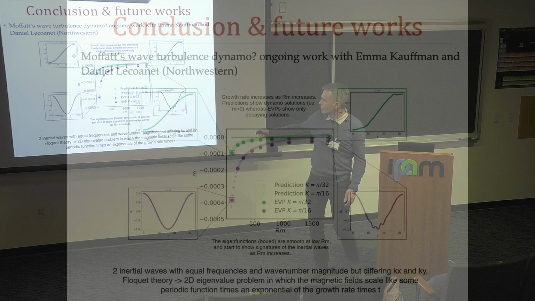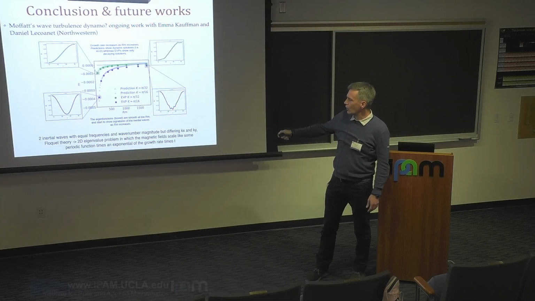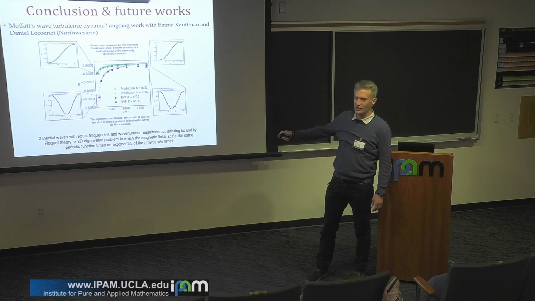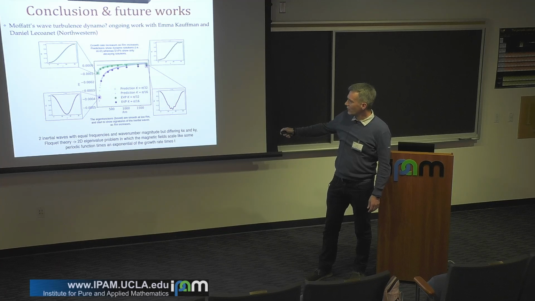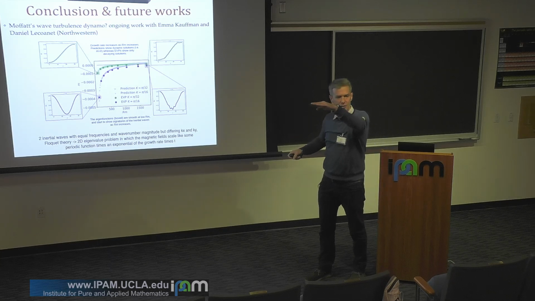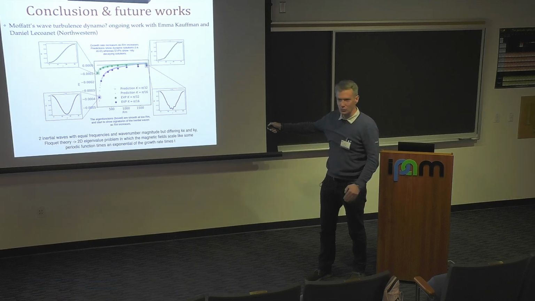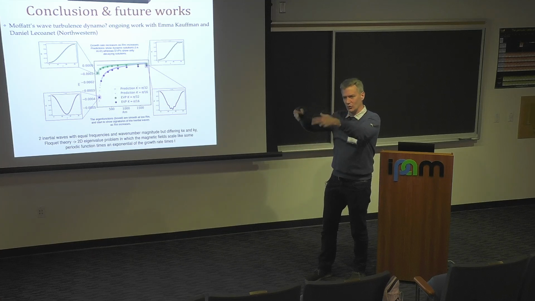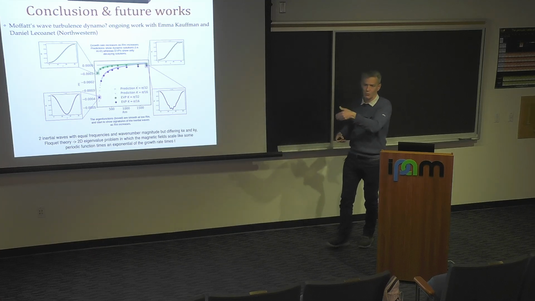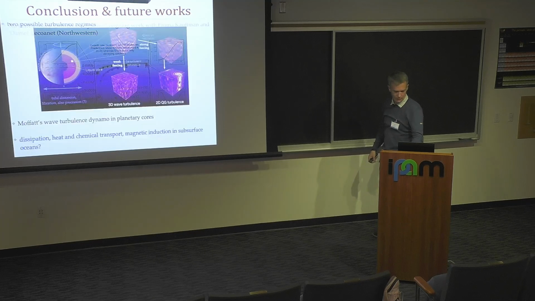And you see that the theory from Moffatt, so this is a growth rate of the magnetic field, the mean field theory, crosses the line of 0, but the calculation from Emma, the tangent is 0. So maybe two waves is not enough. We need to put some more, but it becomes more difficult, theoretically speaking.